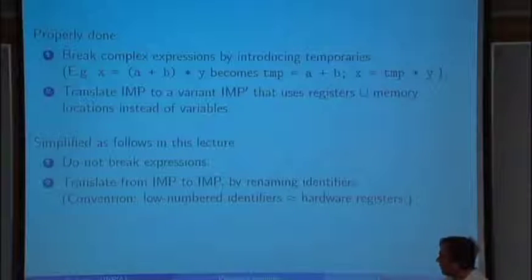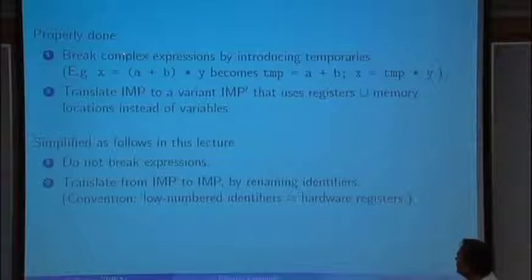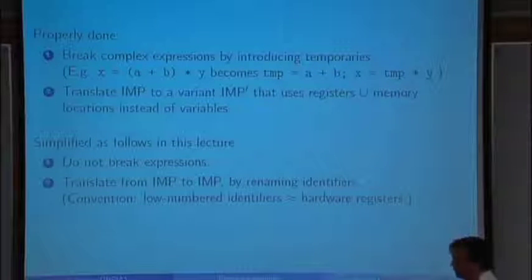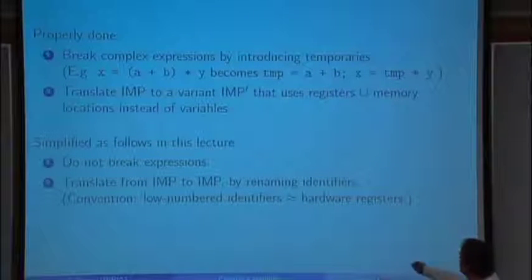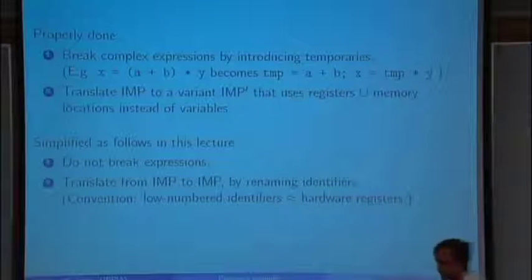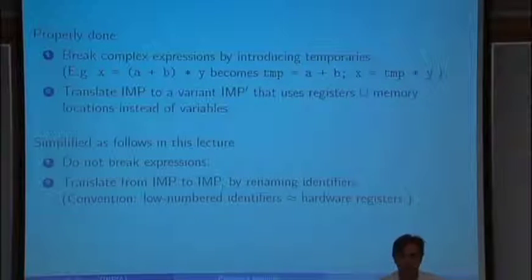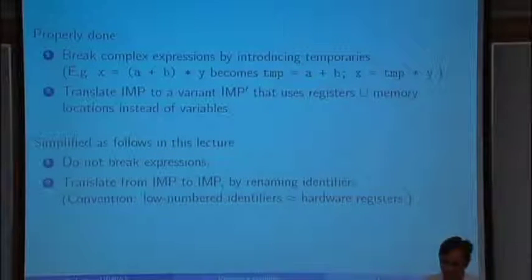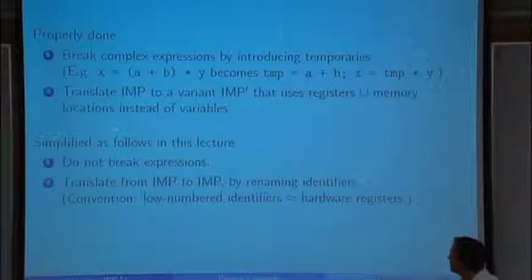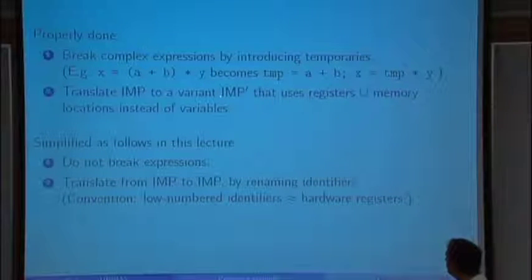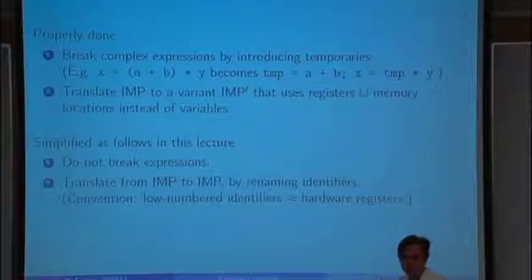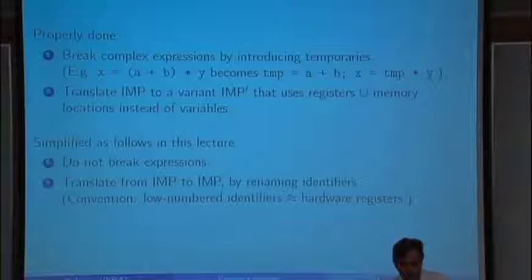So if you want to do it properly, like in real compilers, we would have to first break complex expressions into elementary computations with some temporary variables to hold intermediate results. And that's because you also want to assign registers for these intermediate results. And then we would translate imp to some variant, imp prime, that doesn't use variables, but instead the union of registers and memory locations.